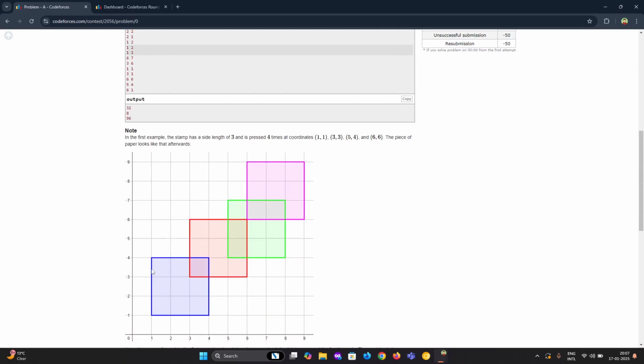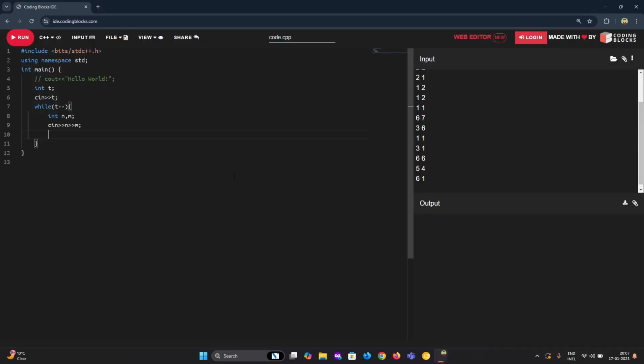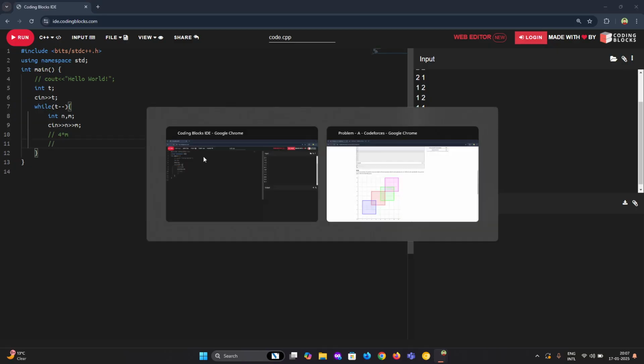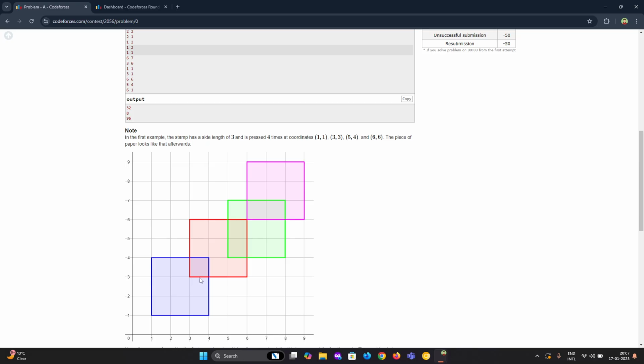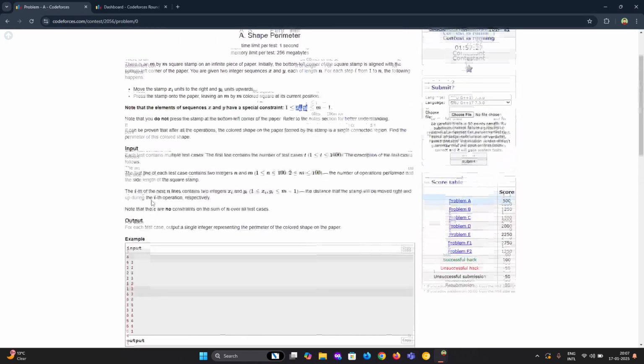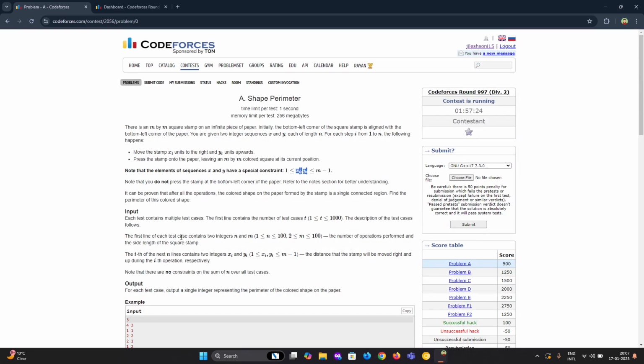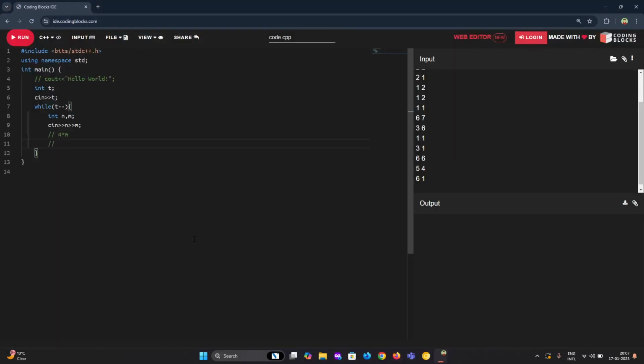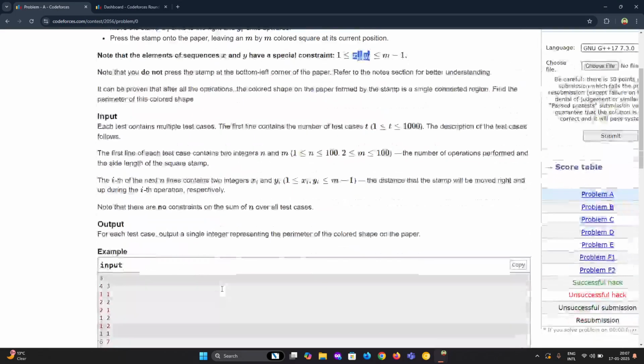So the perimeter of the square is 4m, of course, 4 into m. If we somehow calculate the region that got merged, then we can just subtract that from it at every point. So at every point, the region that will get merged, let's calculate that on the go.